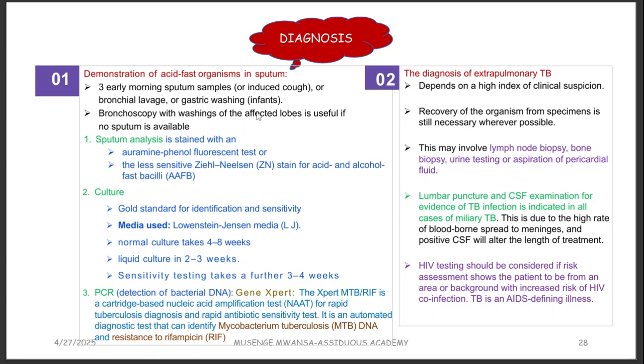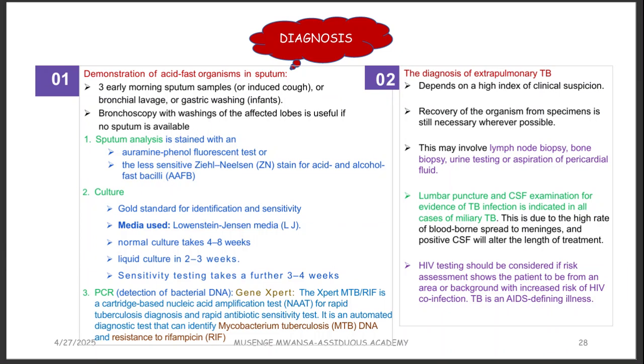This should be very carefully done so that the patient doesn't end up giving you just saliva. It should be sputum, and it is three early morning samples. Bronchoscopy with washing of the affected lobes is useful if no sputum is available.